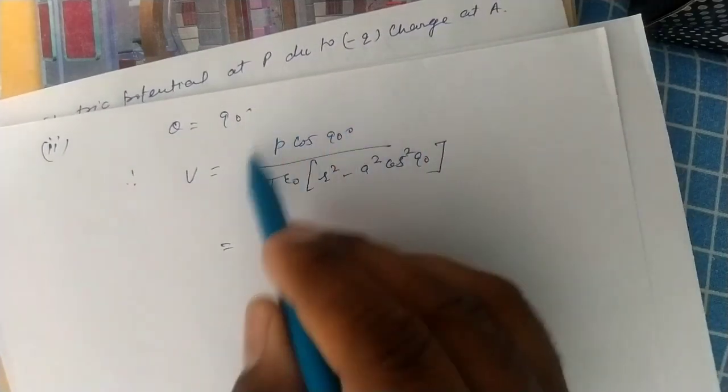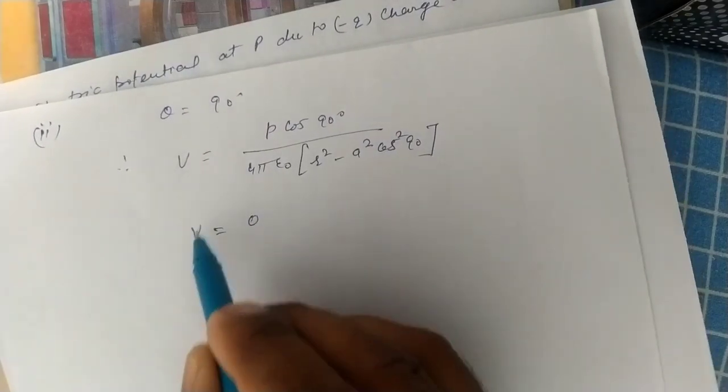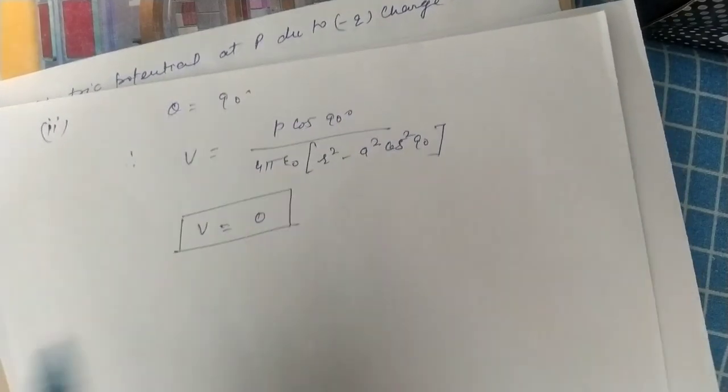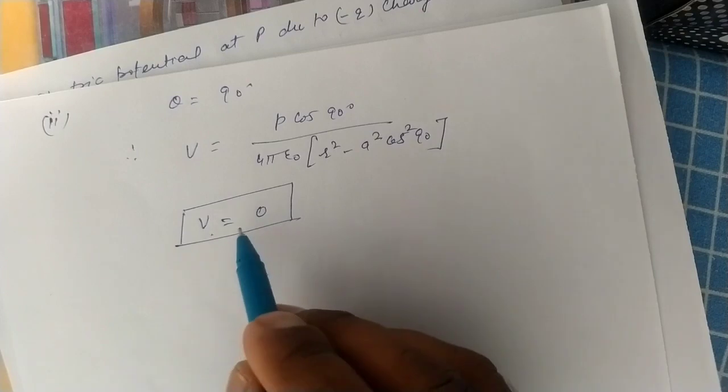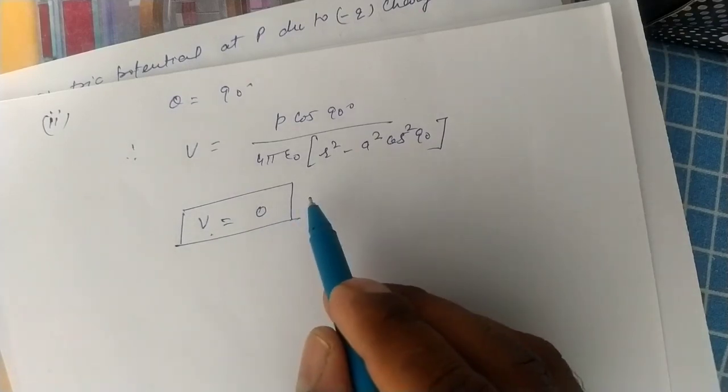Therefore the value of this term is equal to 0, and this is the value of electric potential when the point P is an equatorial point.